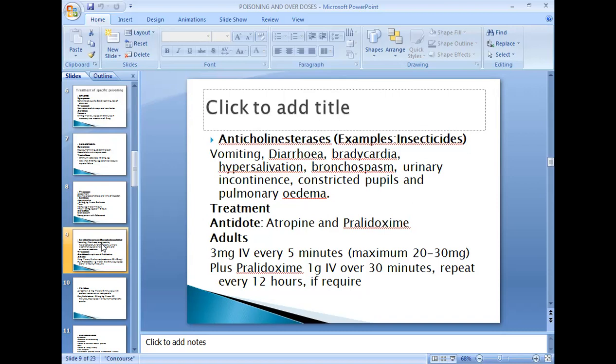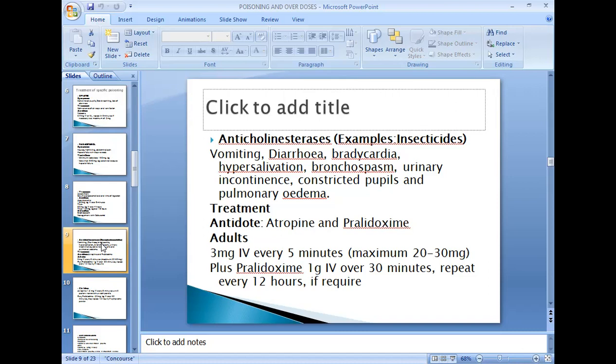These are all symptoms of cholinergic response, because the cholinesterase enzyme is not available, so the expression of cholinergic response is potentiated. For the treatment, we have antidotes, atropine and pralidoxime. Pralidoxime is a reactivator of cholinesterases, and atropine is an anticholinergic drug.